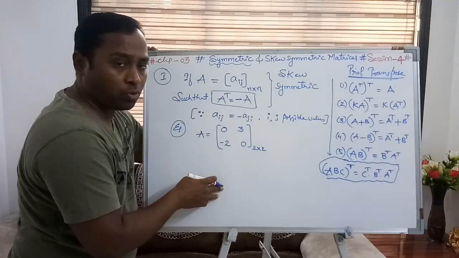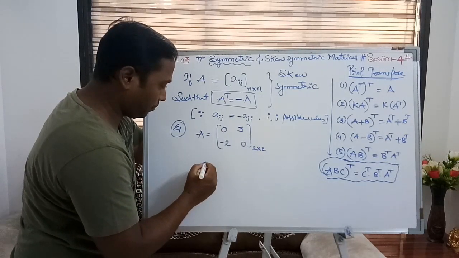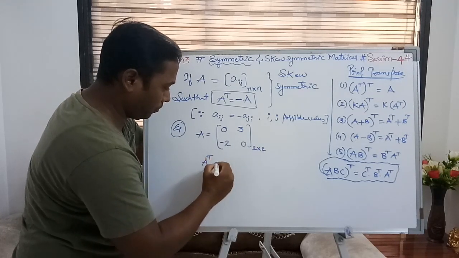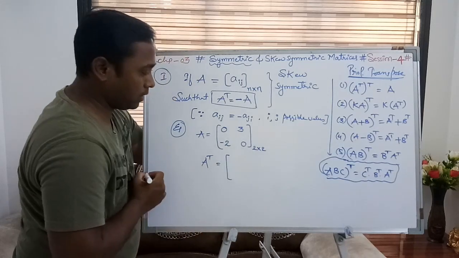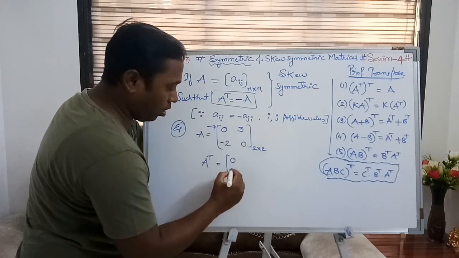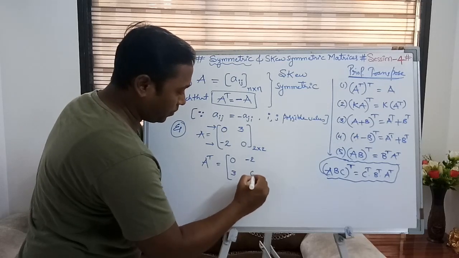If I do the transpose of this matrix, row 1 becomes column 1, and row 2 becomes column 2.